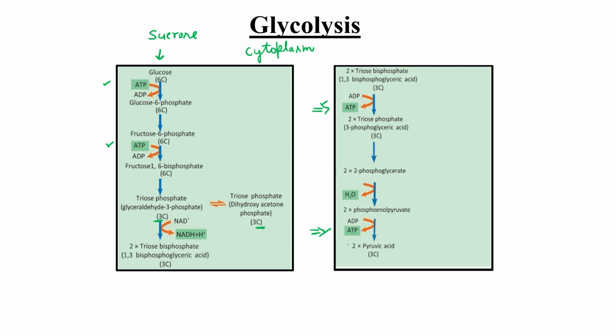This reaction shows only one molecule's reaction, so total 4. So what is the net gain? 4 ATP are synthesized during the process and 2 are used up during the initial process. So the net gain is 2 ATP molecules, which one can utilize for any metabolic activity or any purpose.